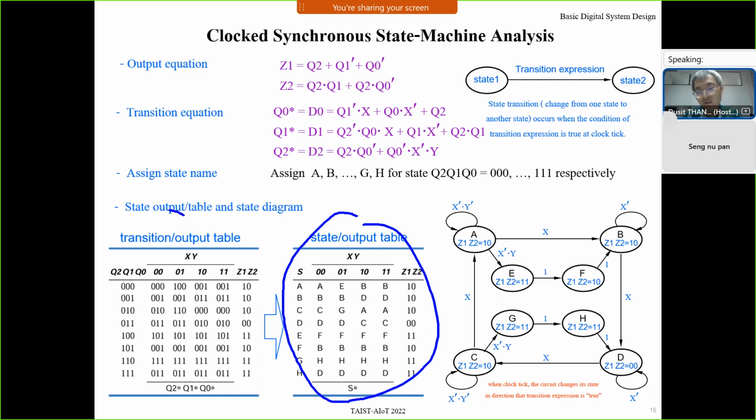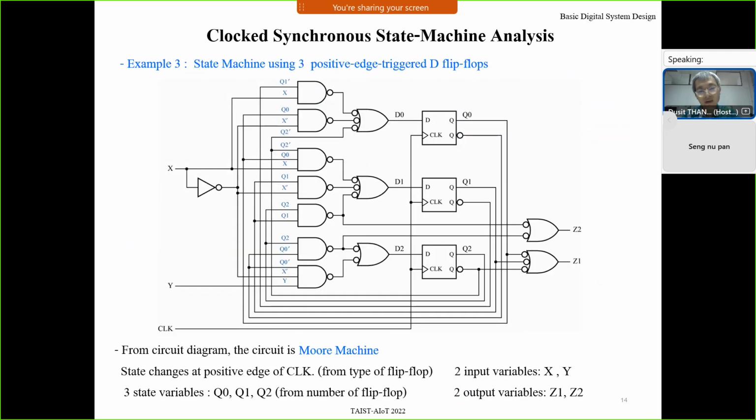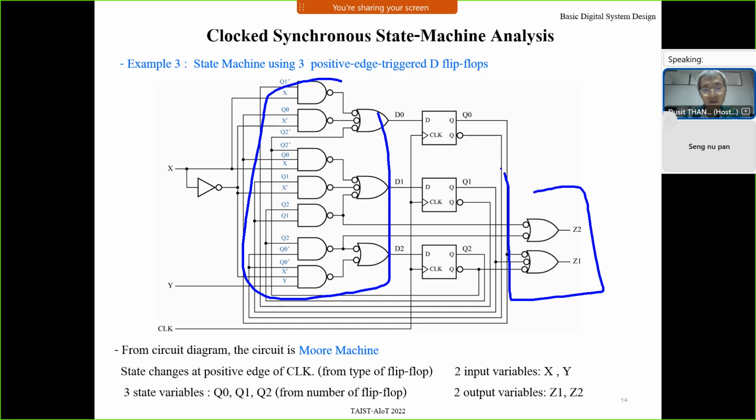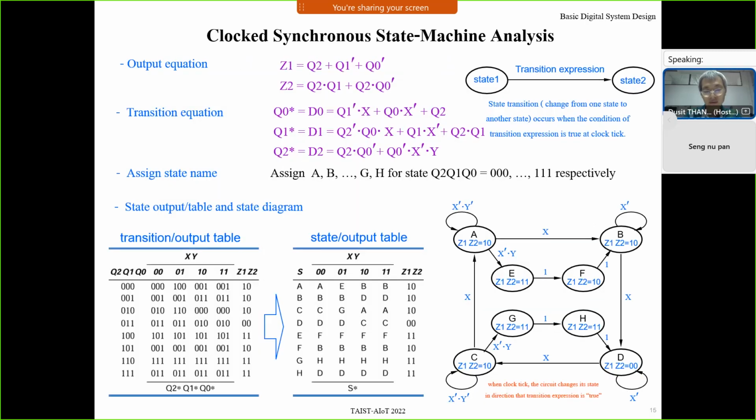After that, you convert to a transition output table, and from this you can derive the equations for circuit F and circuit G. If you know circuit F and circuit G, that means you can implement the circuit completely. It's the reverse process: analysis and synthesis.